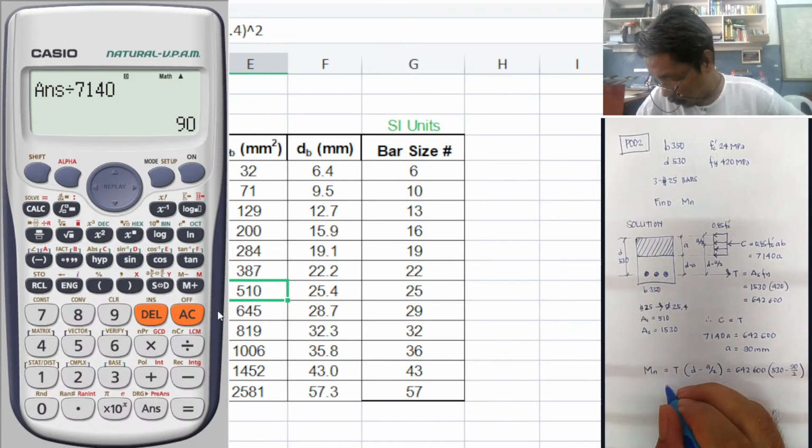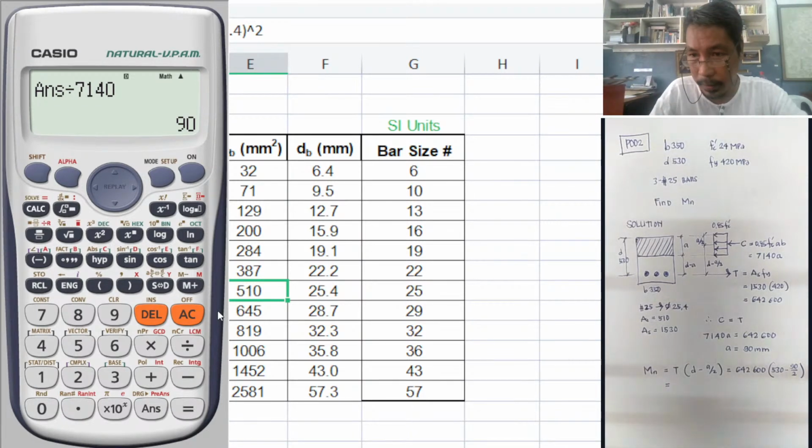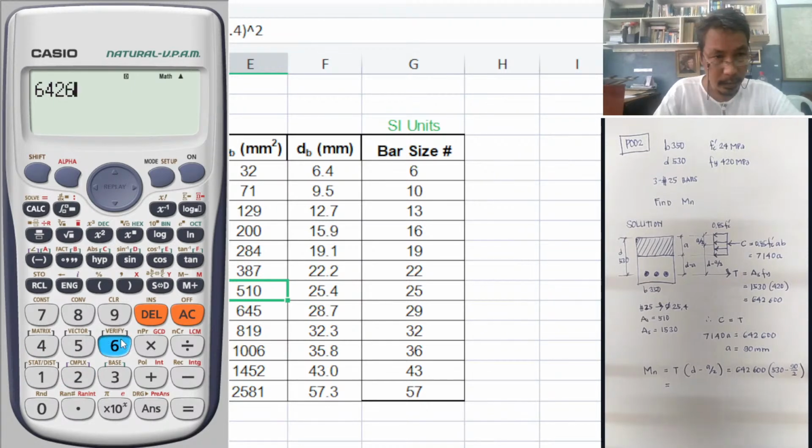And therefore we can have our final answer. 642,600 multiplied by, I am showing you up to the calculator how to do it. Then later on you can practice a lot more and gain speed. You have to gain speed. So 90 over 2 is 45.